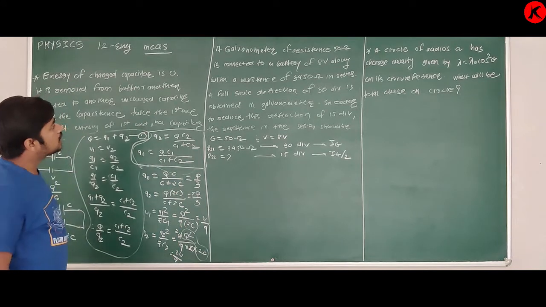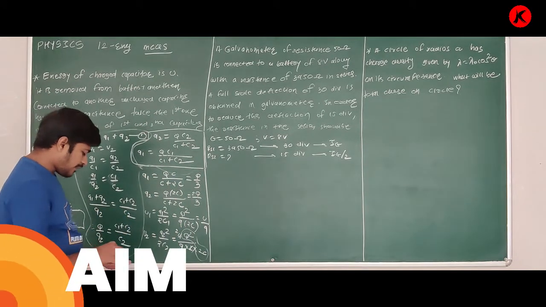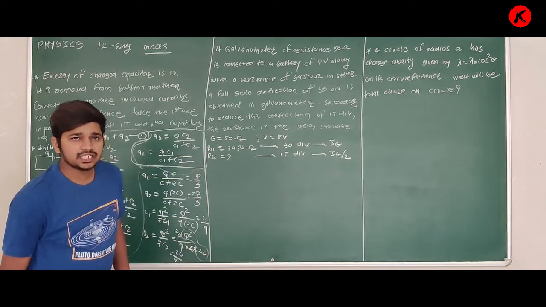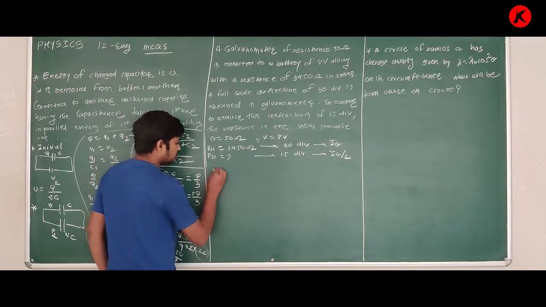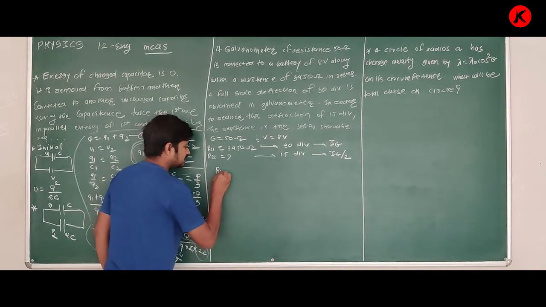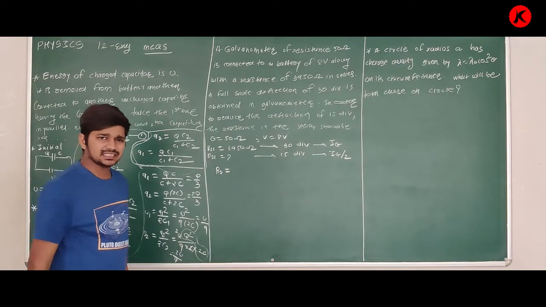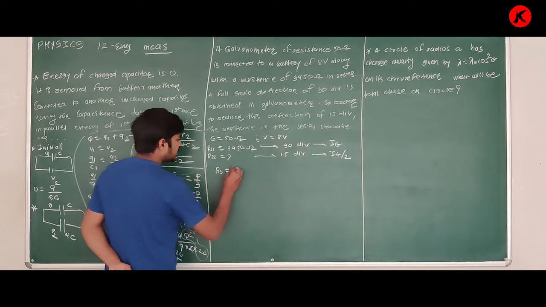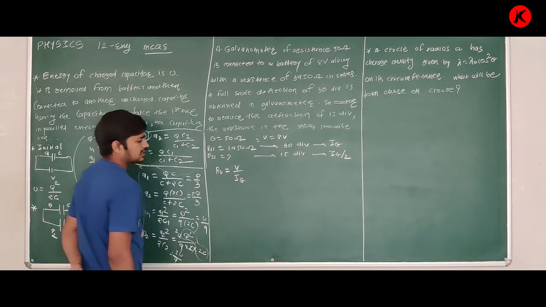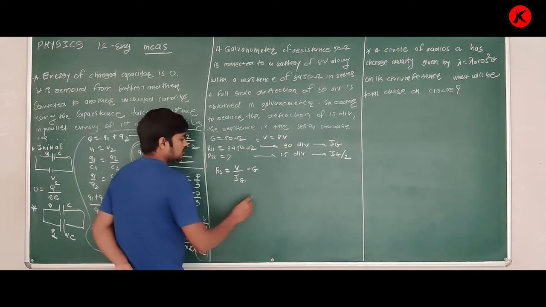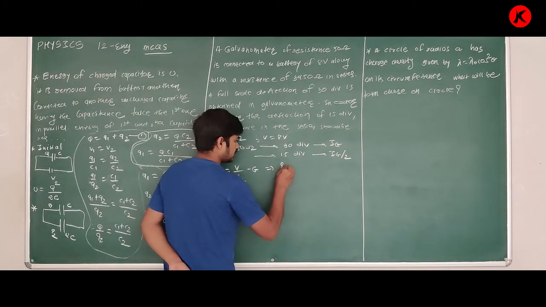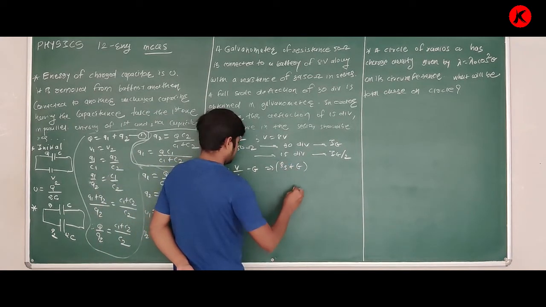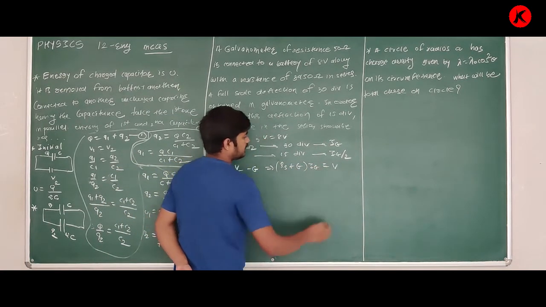Now for a galvanometer to convert into a voltmeter, we have one equation for the series resistance: RS is equal to V upon Ig minus G. So from this you can write (RS plus G) into Ig is equal to V.